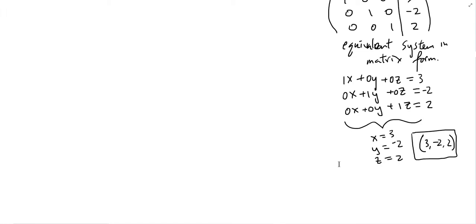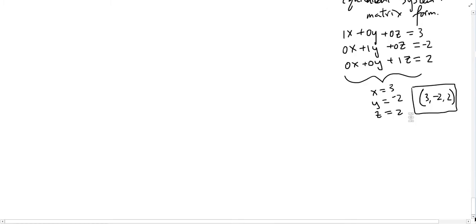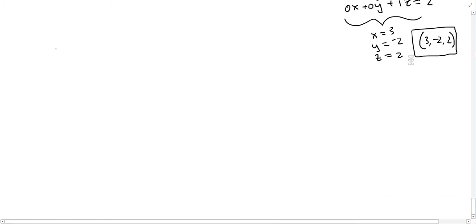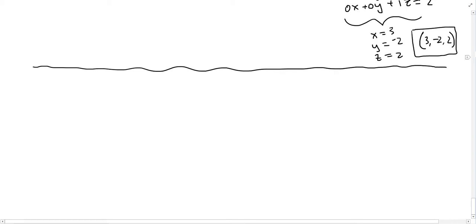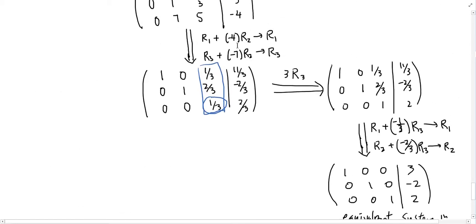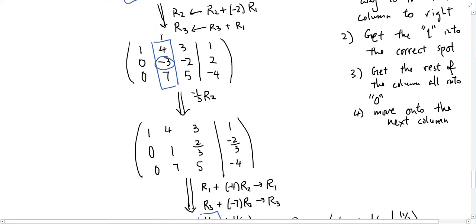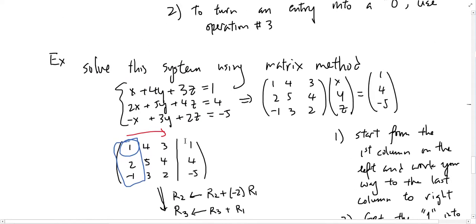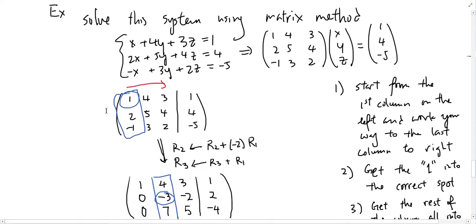Hello everyone. So today we're going to continue our discussion on matrix methods. Yesterday we did an example on solving a system of equations using matrices, and I showed you that you're required to do two things for each column. You start from the column on the left, the first column, and work your way to the last column in your coefficient matrix.